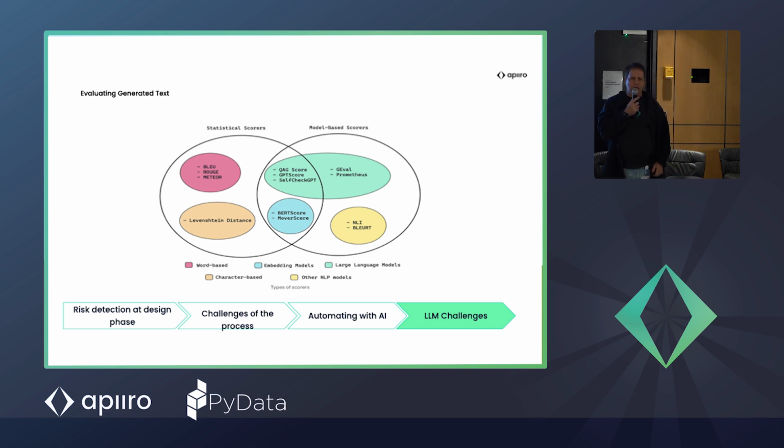And what's nice about it, I'll show it in the next slides, is that now you can use different kinds of metrics to evaluate your LLM, like hallucination, like consistency, and I'll show you some examples.